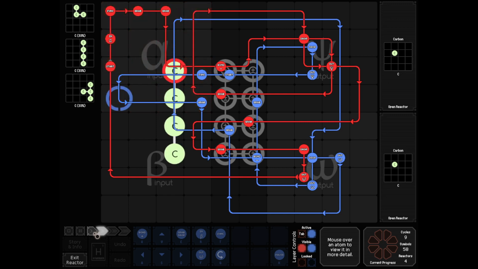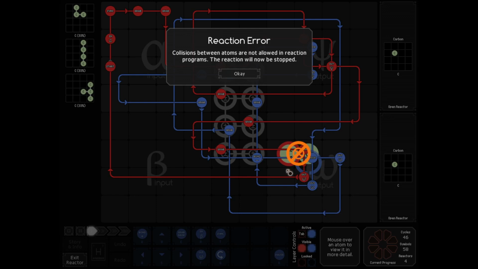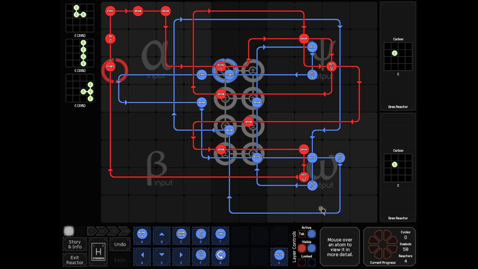Let's look at that again. Well, I did say I was going to be adding more sinks, right? To potentially deal with some other stuff, so let's just do that.